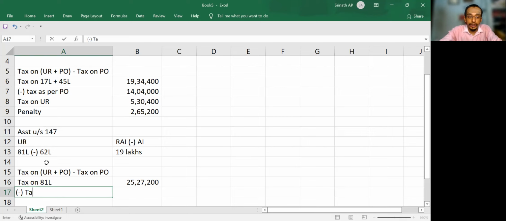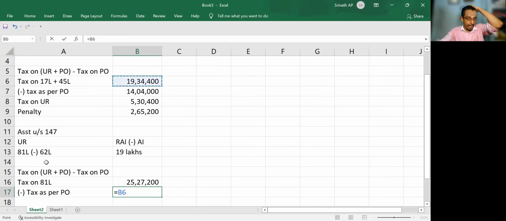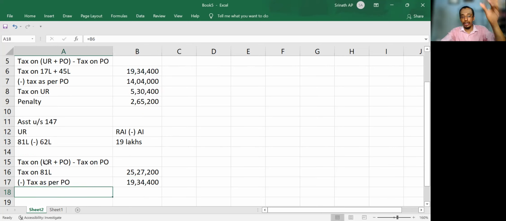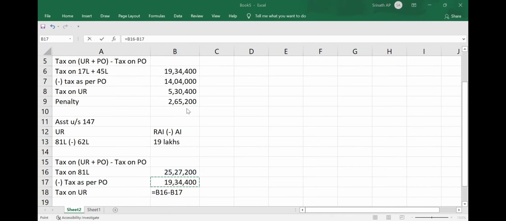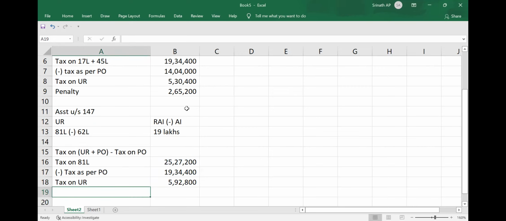Minus tax as per previous order. Previous order tax is 19 lakh 34,400. So tax on underreporting of income would be 25 lakh 27,200 minus 19 lakh 34,400. You will end up having 5 lakh 92,800.